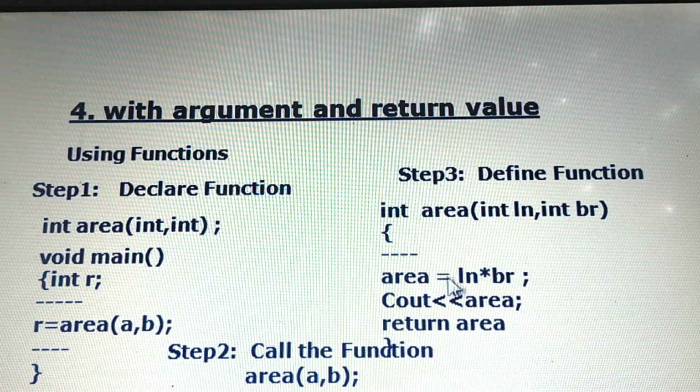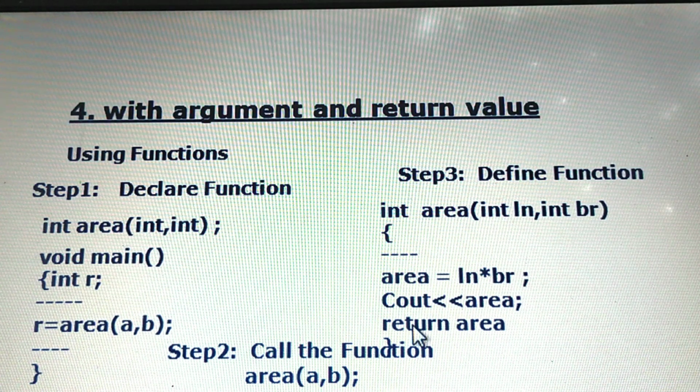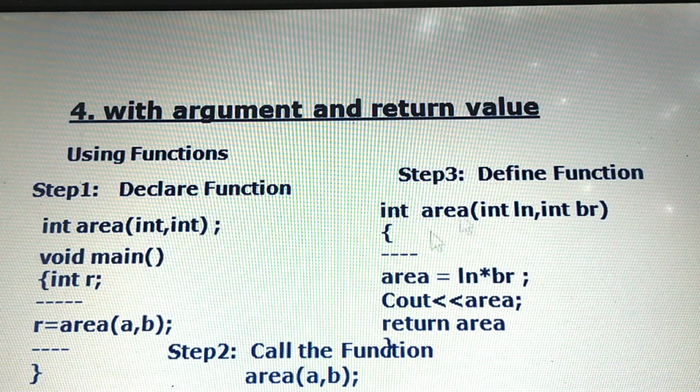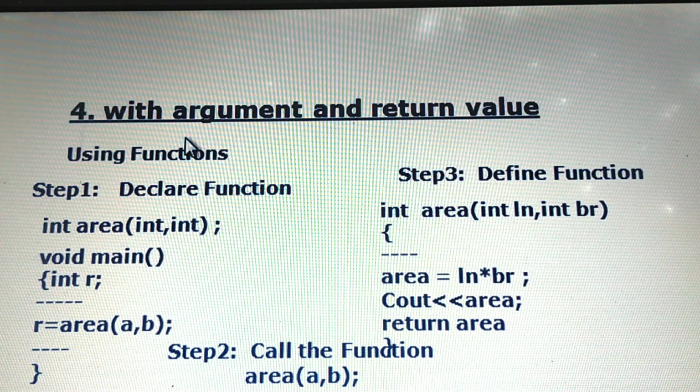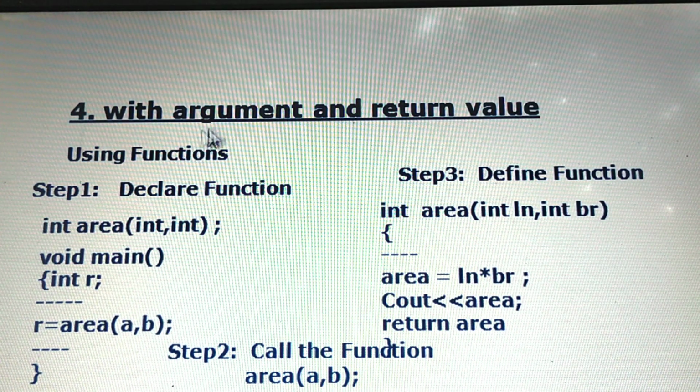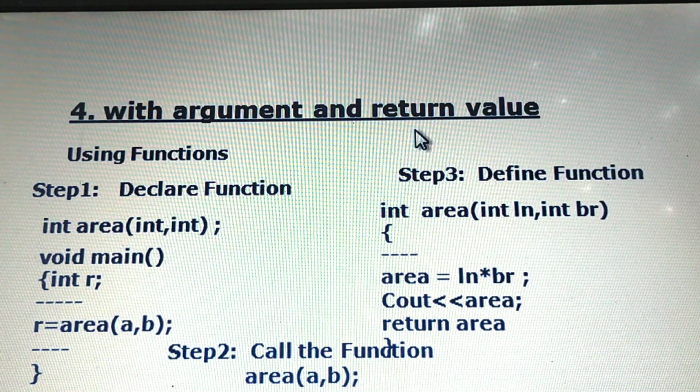Then give the statements which you want to perform within the body of the function. Last, we have to add one more new statement, return. If you want to return anything, we have to give the return statement. That is the common rule for writing the fourth type of function, with the argument and return value.